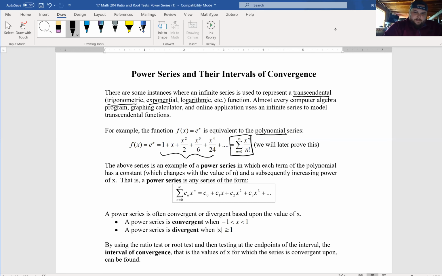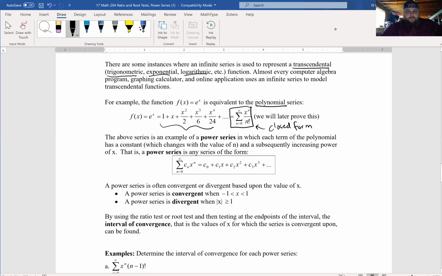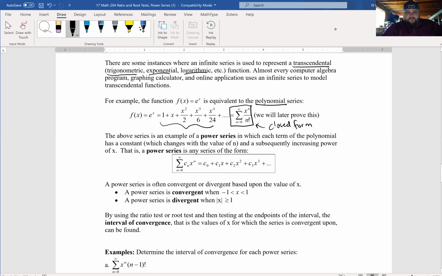And this is the nice closed form of the power series. And then there's another little tidbit here. It says that any power series can be written in this form. It's some coefficient, some number, c sub n, times x to a power.